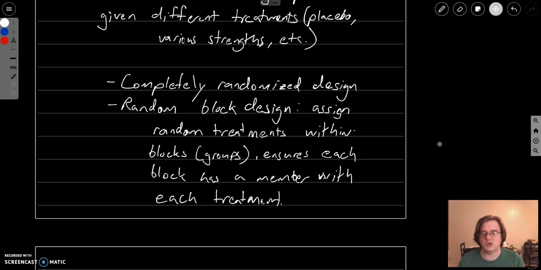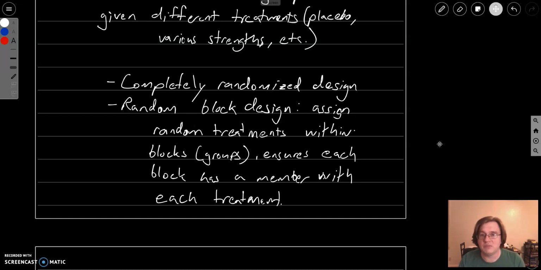Now, if we wanted to interfere in exactly this randomness, and there are reasons for this, we could use a random block design. This is a lot like the strata that we had before, the stratified sampling method, where maybe there are some factors that we want to eliminate the effects of in our experiment. Say we're doing a medical experiment on men and women.